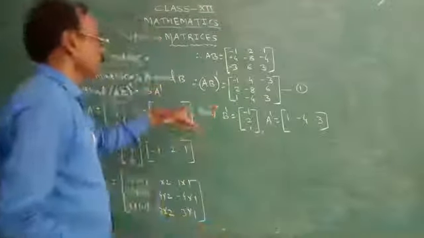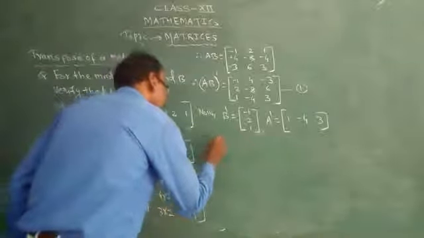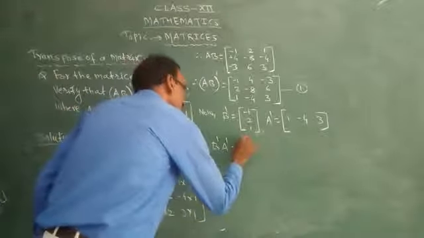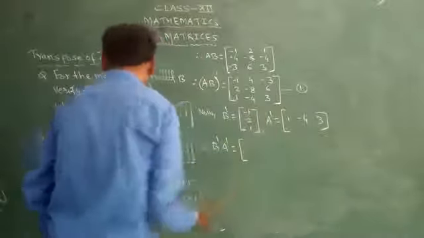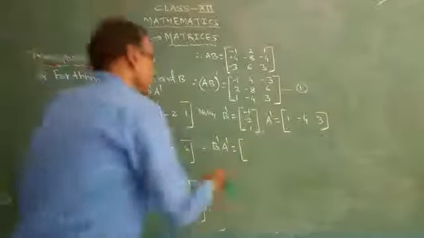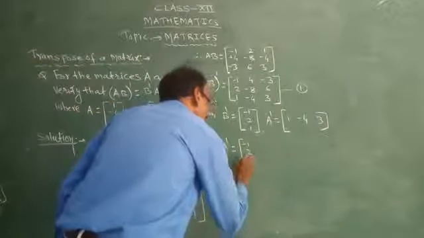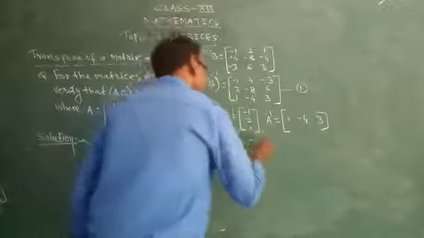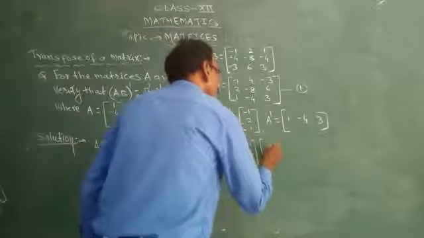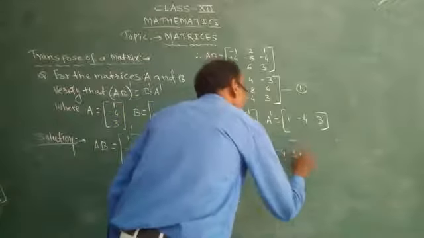Now take the product of B transpose into A transpose. B transpose is minus 1, 2, 1, and A transpose is 1, minus 4, 3.